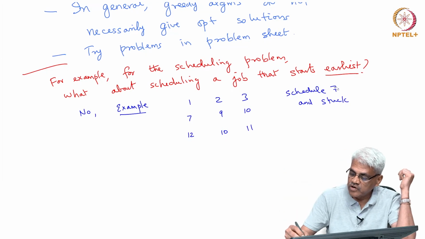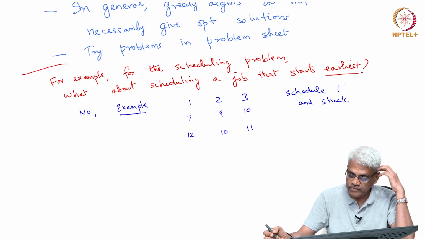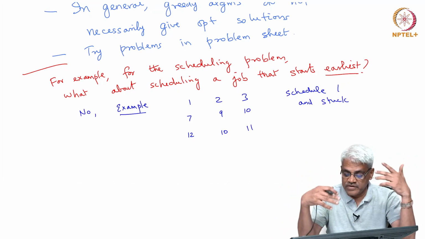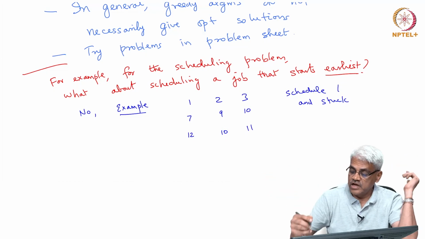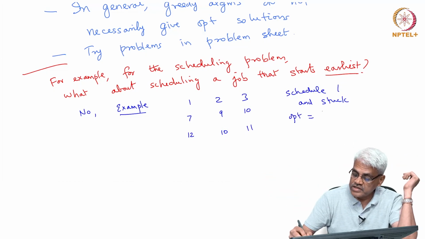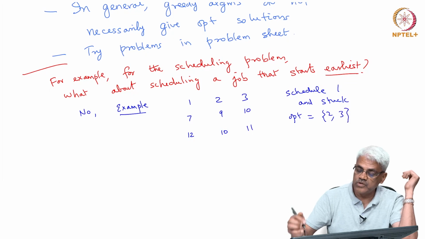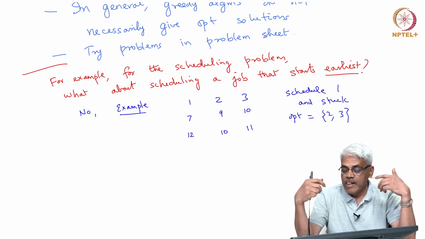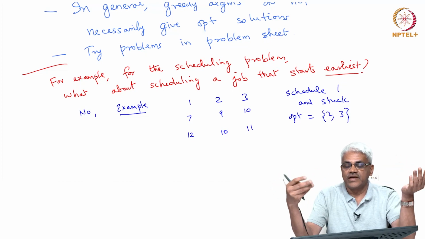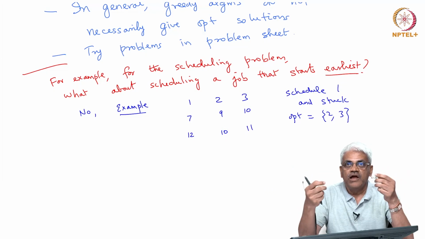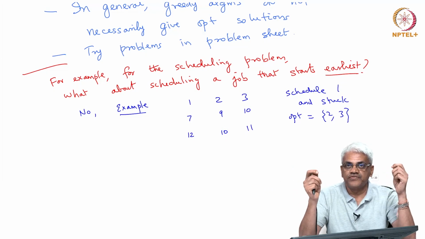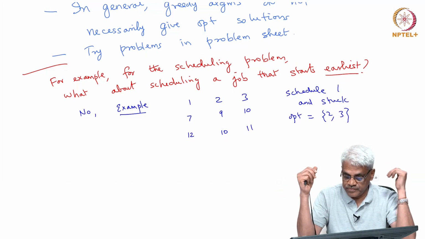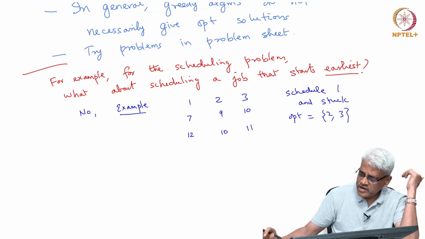I scheduled it, but then I'm stuck because that's taking 5 hours. You can't schedule anything else. Opt, in fact, is 2 and 3 because you can schedule both these tasks. Even though task 2 starts later, scheduling that seems like a better idea here. Okay, so here is an example where this greedy strategy of scheduling a job that starts earliest does not give you optimum.